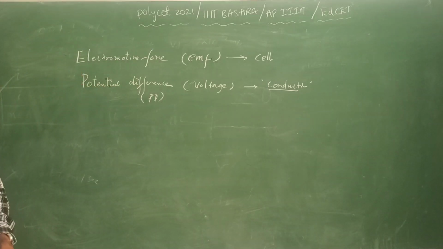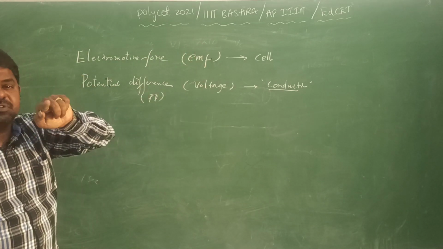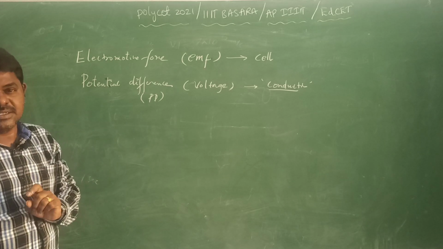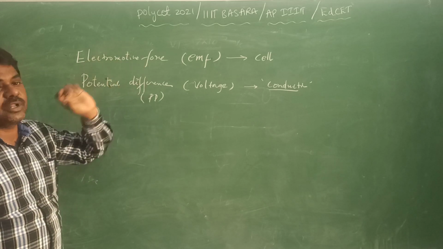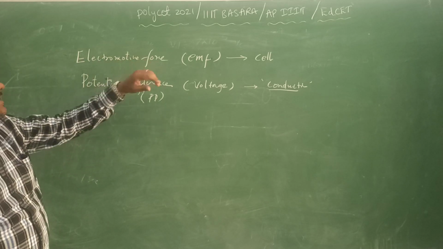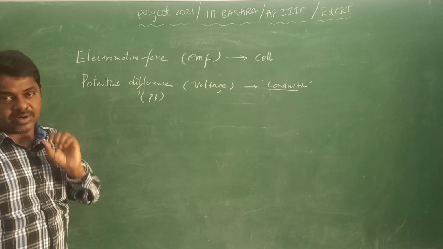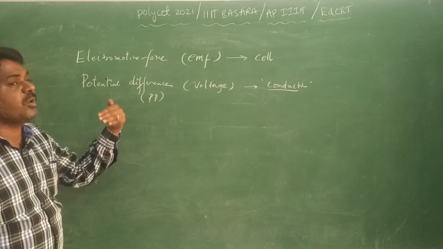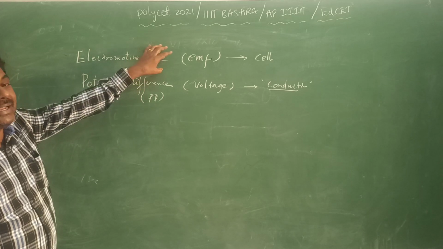Okay, so for every cell, even the cell that we are using in the remote control or torchlight, you can see every cell is going to have some electromotive force. The name itself tells electromotive force, that means it is going to motivate the electrons to move throughout the circuit. That means this is the work done by the battery.